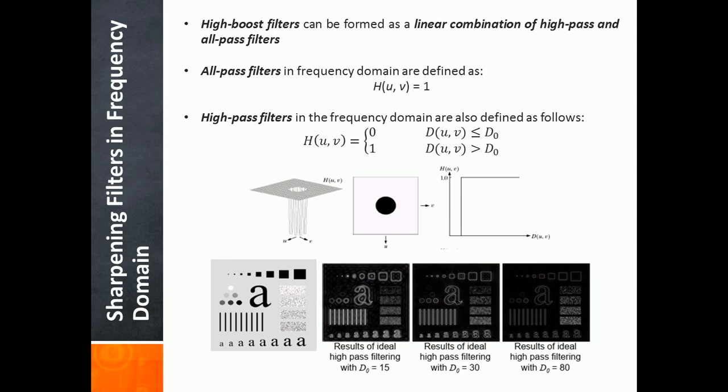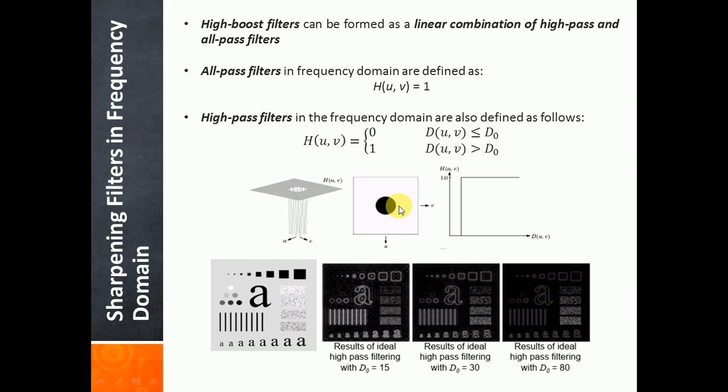A high pass filter is the opposite end. In other words, it doesn't allow low frequency components, but it does allow high frequency components to pass through. So this is what the high pass filter looks like. This is in the two-dimensional domain, so it looks like a cylinder, a circle, and here is the same image.